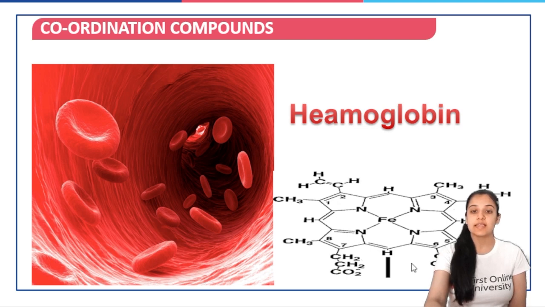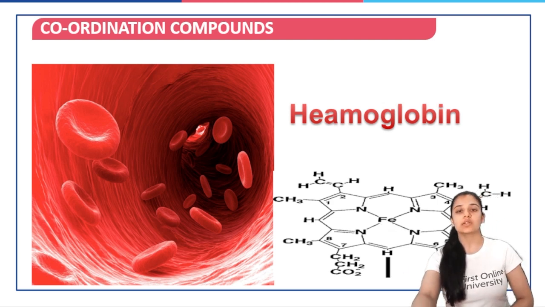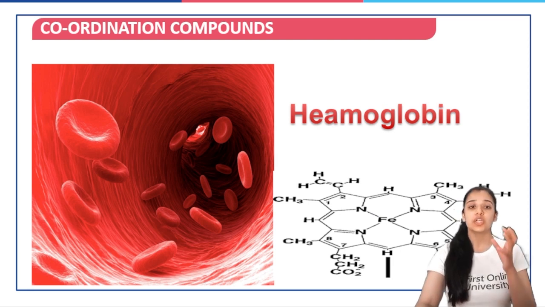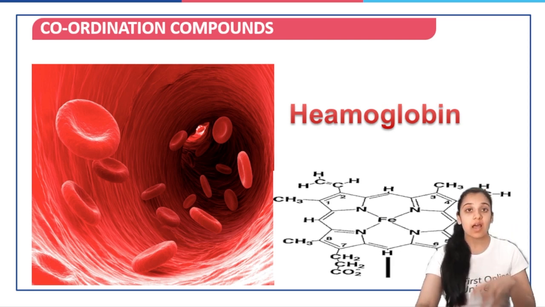So this is like a complete porphyrin ring that surrounds the iron which is present in hemoglobin. Again, you're not supposed to learn the structure. You need to know the importance of coordination compounds in our systems also. So it's not just in terms of chemistry that we are studying. These coordination compounds are present in our systems as well. The example is hemoglobin also.